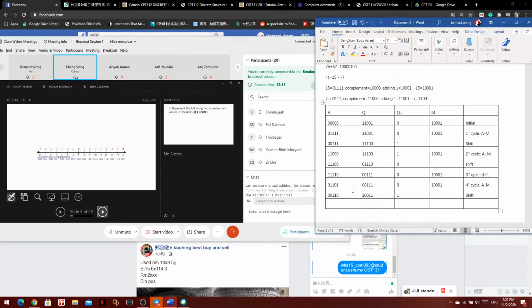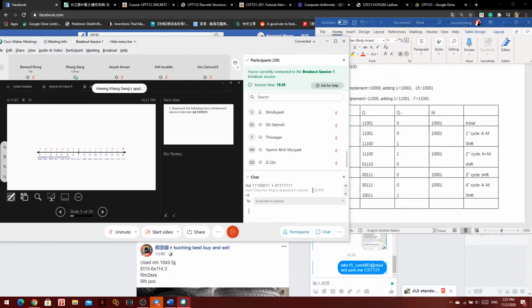Another example is here. This is only for 4-bit. This one is the real implementation, and you can see that everything is shifted.